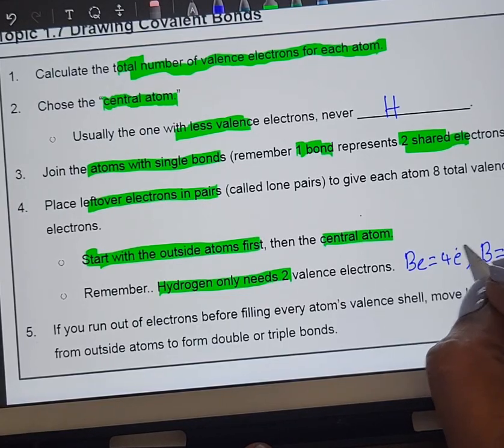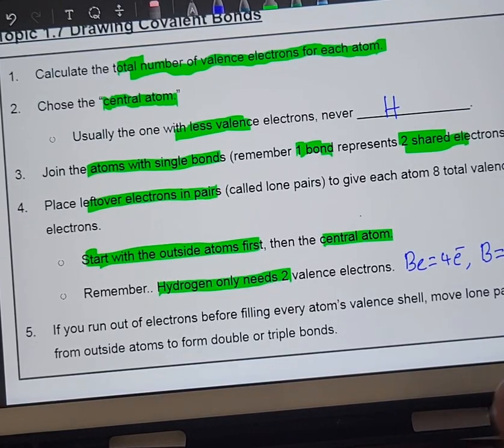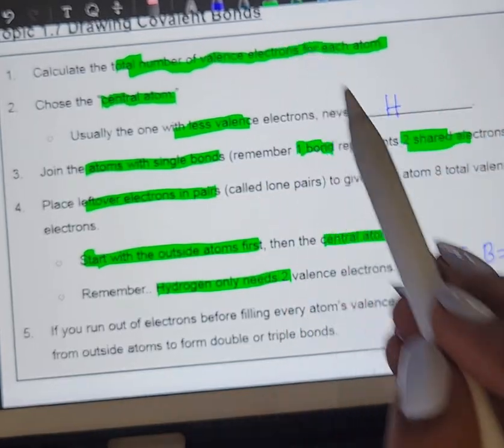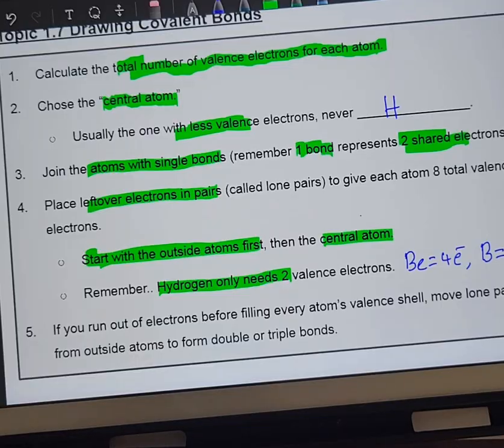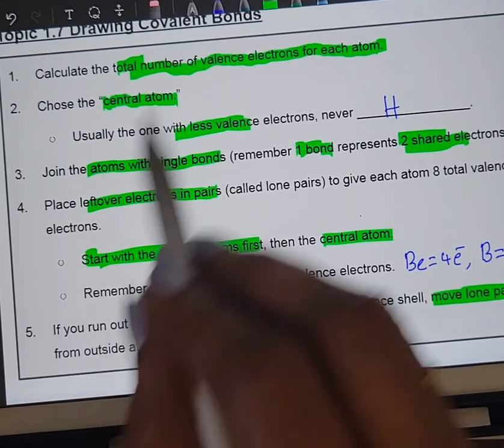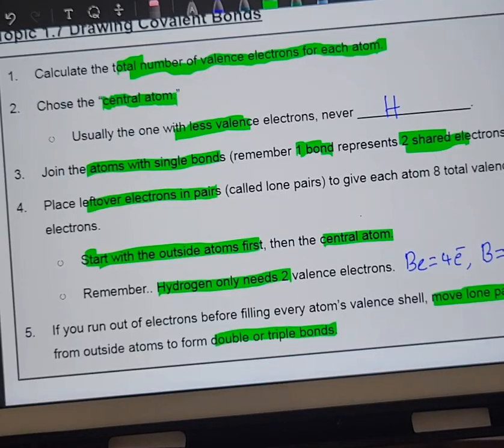They don't get 8 electrons because of their small size. After you do this, if you don't have enough electrons, then you have to move a pair of electrons to make a double or triple bond. Don't worry about the rules. I'm going to show you how to do it.